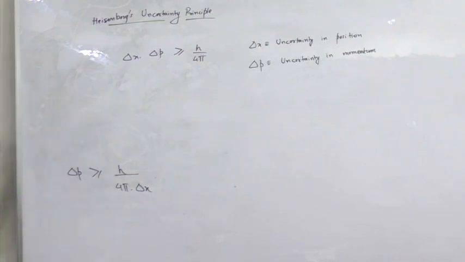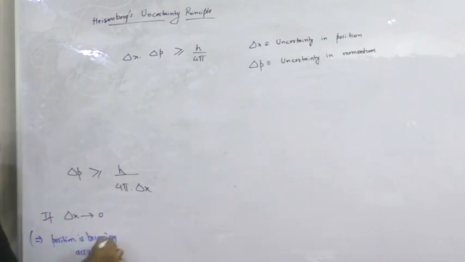Right? Now, if delta x tends to 0, what does it mean? That the uncertainty in position is tending to 0. If the uncertainty is tending to 0, which means that you know the position more and more accurately, right? If delta x tends to 0, it implies the position is becoming accurate. What will happen to delta P?